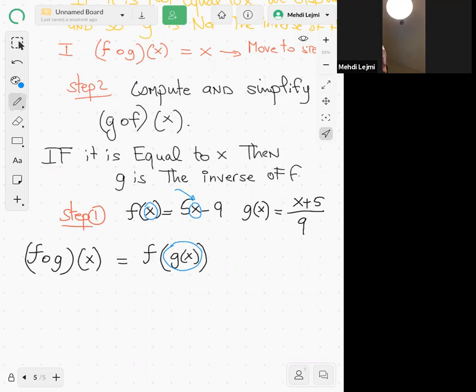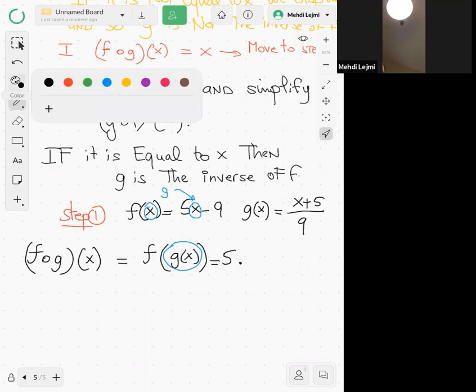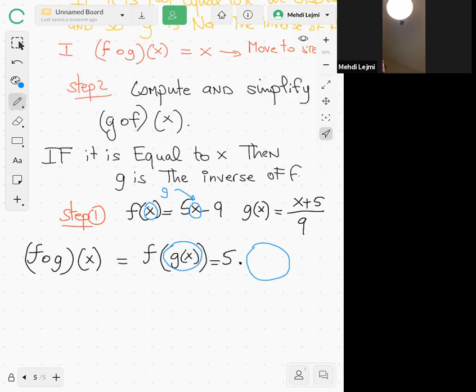We're going to have 5 times g, which is (x plus 5) over 9, and then there's this minus 9. Okay, let's compute this.